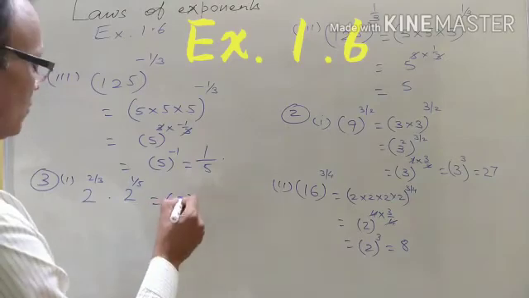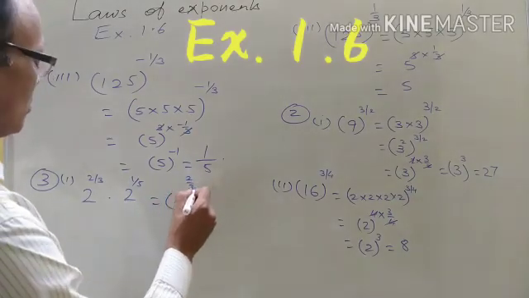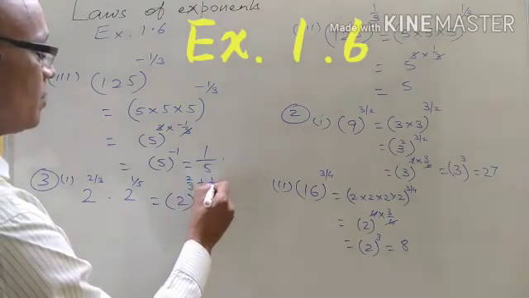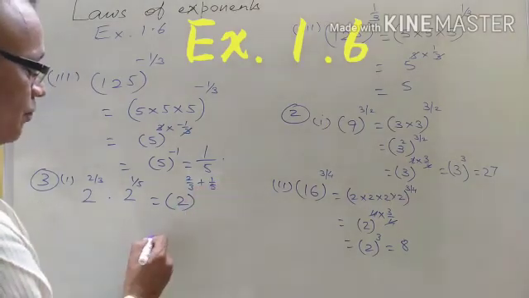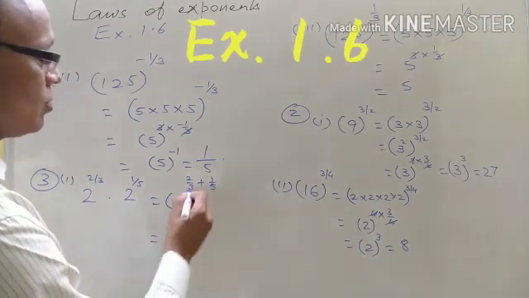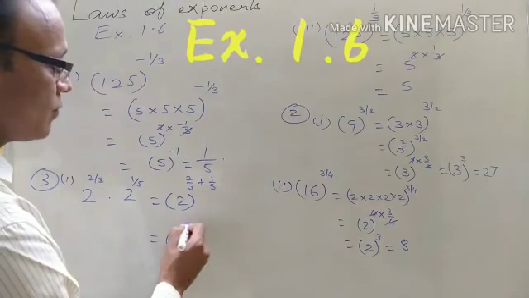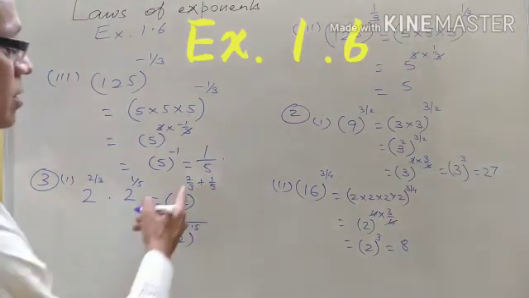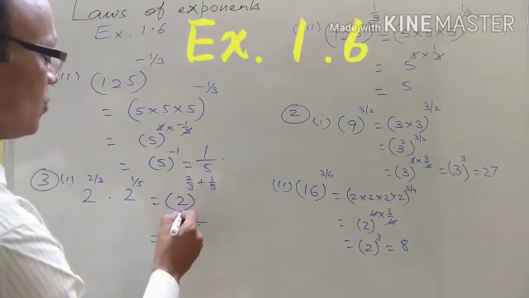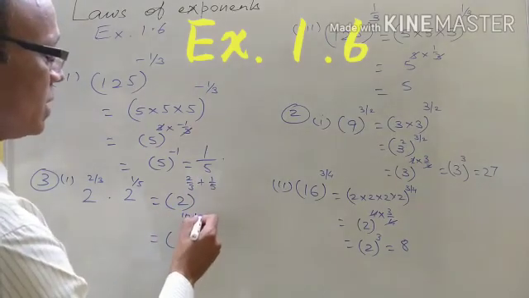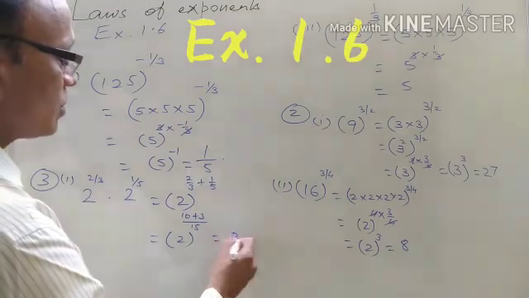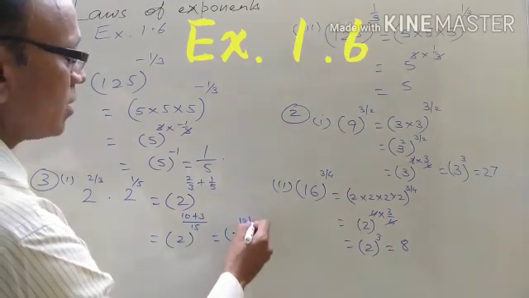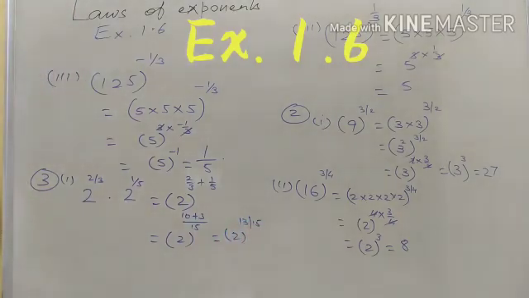You need to apply the first law of exponents. 2 to the power 2 upon 3 plus 1 upon 5. The LCM of 3 and 5 is 15. So 3 fives are 15, 5 twos are 10, plus 5 threes are 15, so it is 3. It becomes 2 to the power 13 upon 15. This is about the third question.